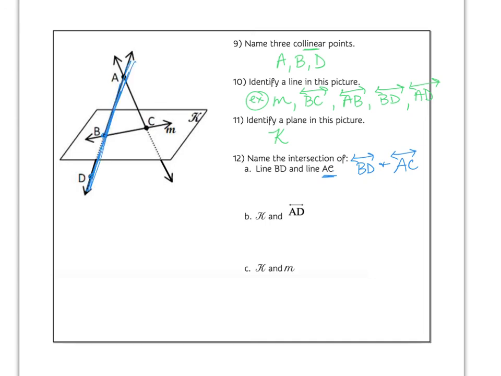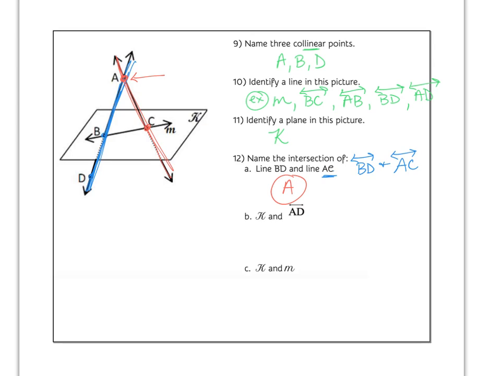And remember, lines go forever in both directions. That's why the arrows are on them. Now find line AC. So here's A, here's C. So line AC is right here. Where is their intersection? Where do they cross? Well, they cross right there. That's where they overlap. So the answer is A, or point A.